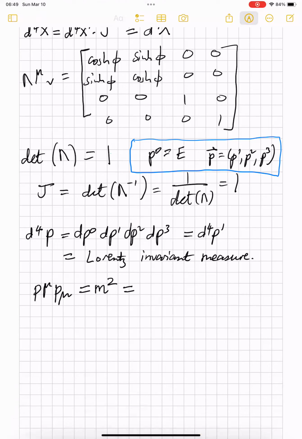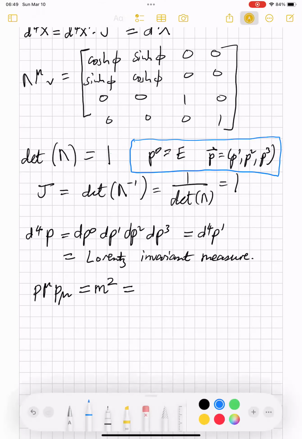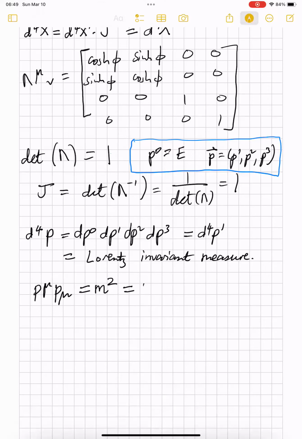So in particular, p_μ p^μ is equal to m². If I just write out what p_μ p^μ is, it's E² minus p·p. And remember, I've set the speed of light equal to 1. So that means that if you tell me the spatial momentum of my particle, I already know what energy it's got.